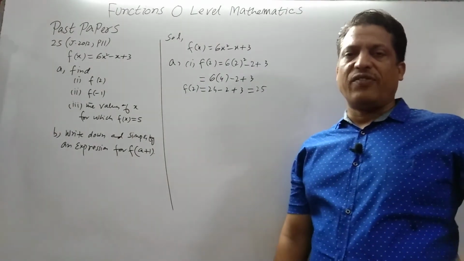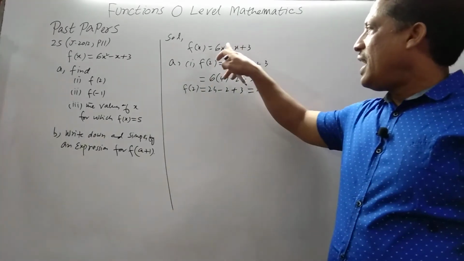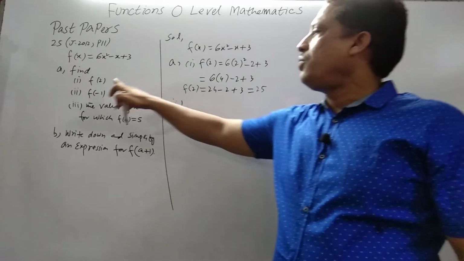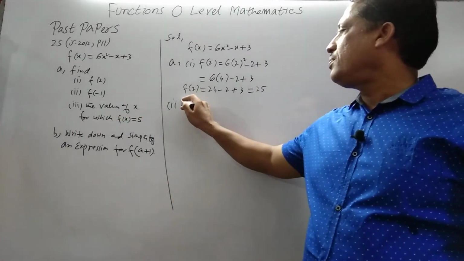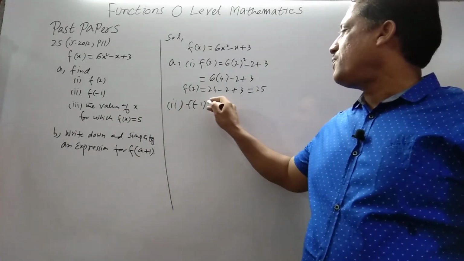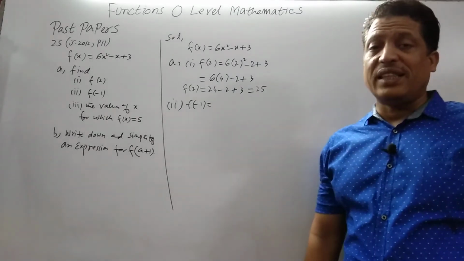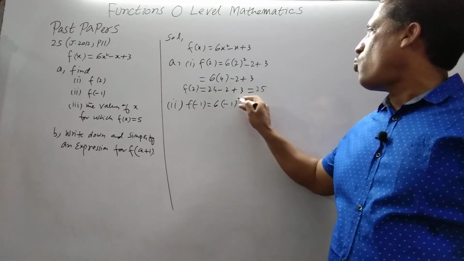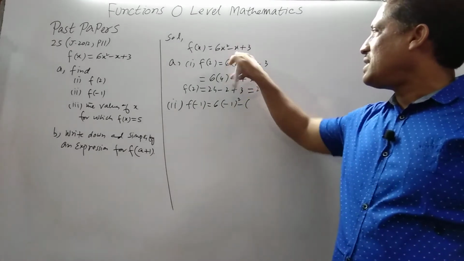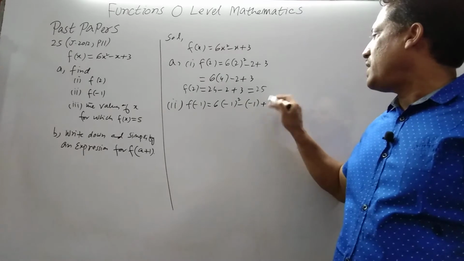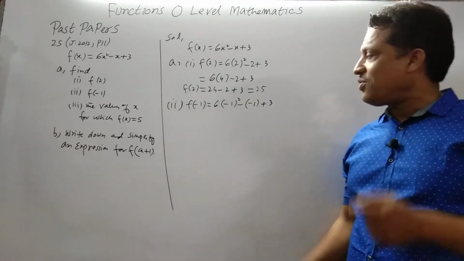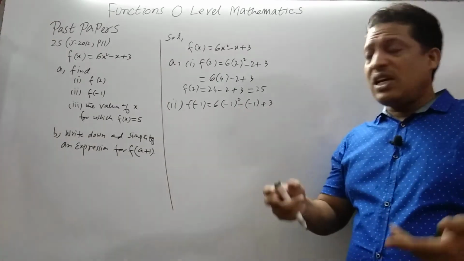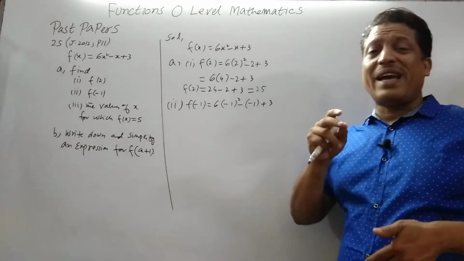F of 2 means we have to put 2 where we see x in the question. Part 2 is f of minus 1. For f of minus 1, we have to put minus 1 where we see x. So 6 times (minus 1) squared, minus (minus 1), plus 3. Students, whenever you have to put in the value of a negative number, you must apply brackets because minus changes the sign.